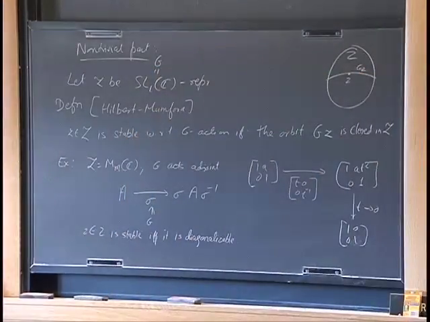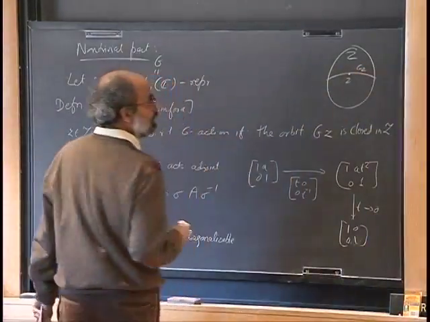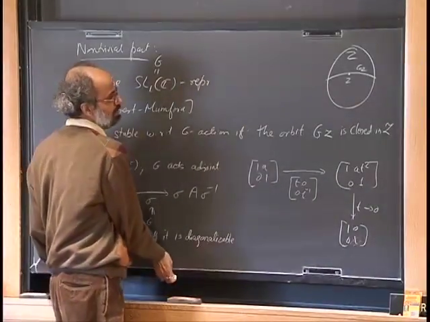So the thing is, the orbits can contain limit points which are not in the orbit.